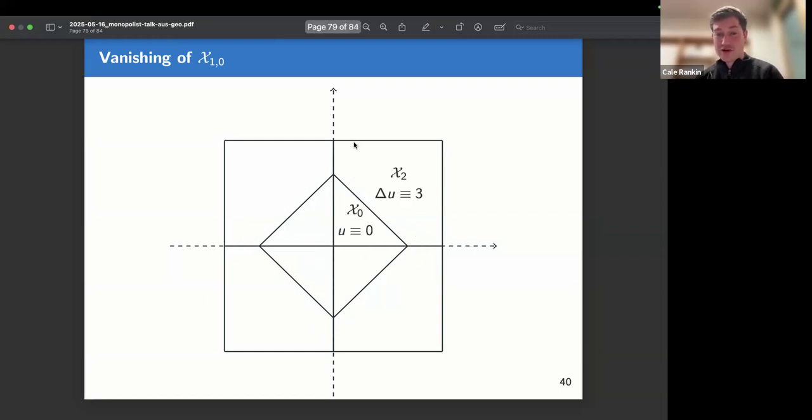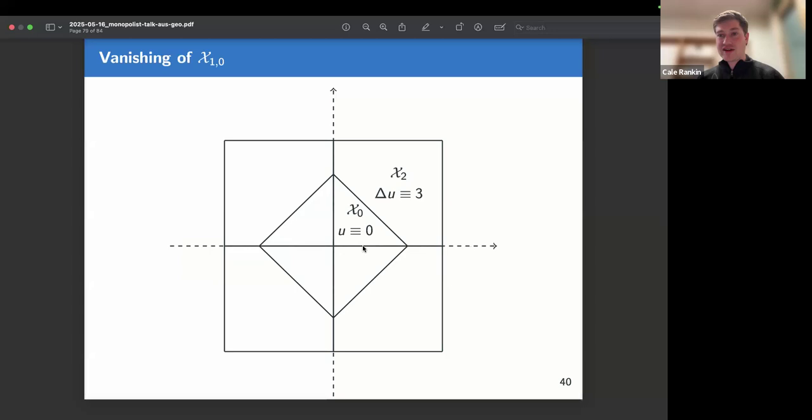So we only have an omega-0 and an omega-2 region, i.e. under our hypothesized form for a contradiction, the solution for A=0 looks like this, i.e. it has a diamond where U is 0, and it has a region where the Laplacian of U is equal to 3. But of course, a function of this form is a solution of the classical obstacle problem.